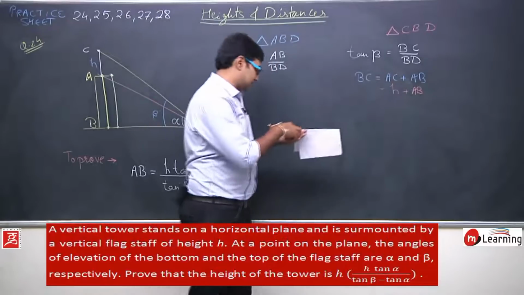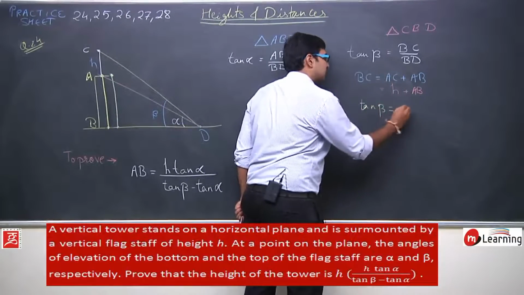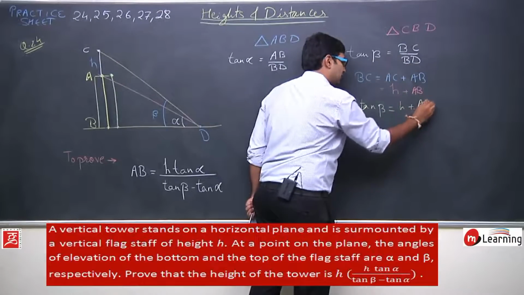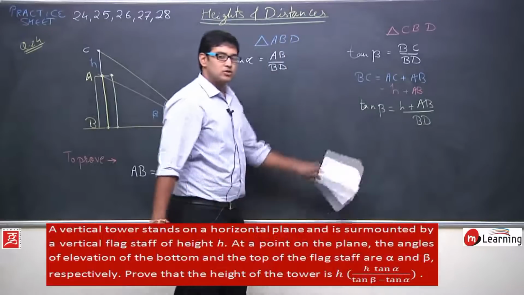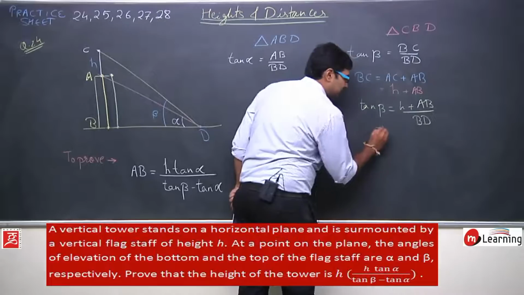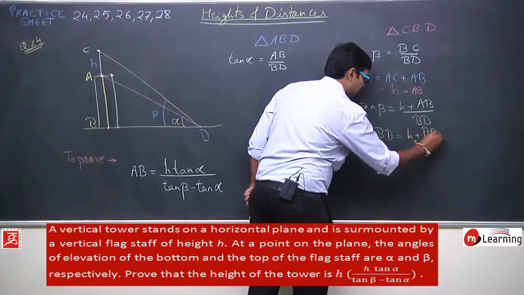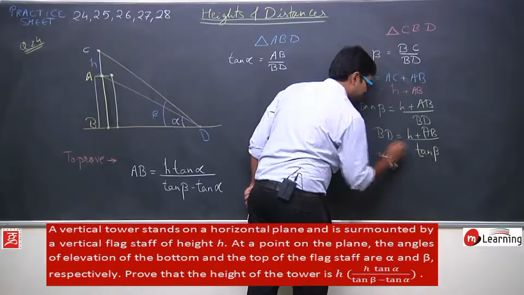So tan beta is equal to, in place of BC I can write H plus AB, upon BD. So what I get from this is the value of BD as H plus AB upon tan beta.